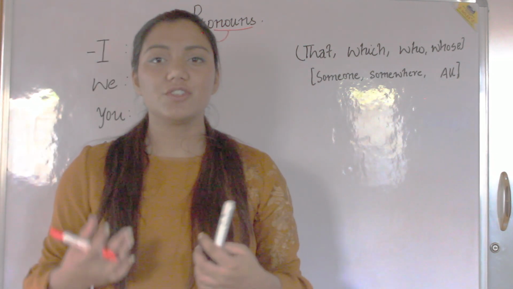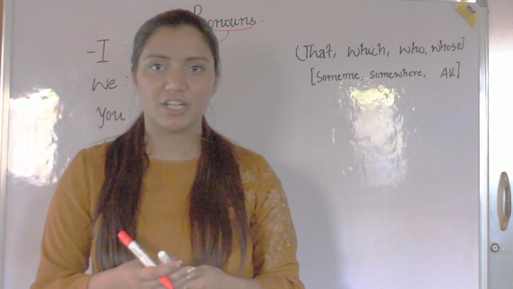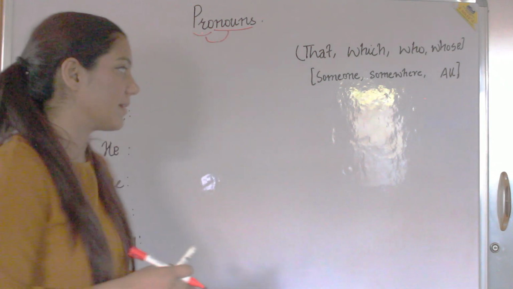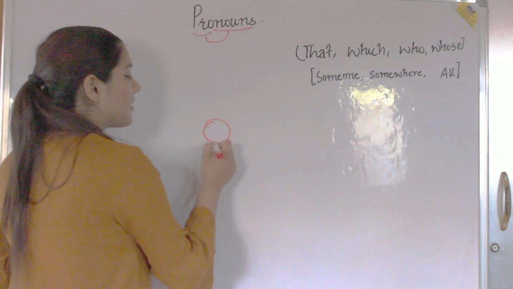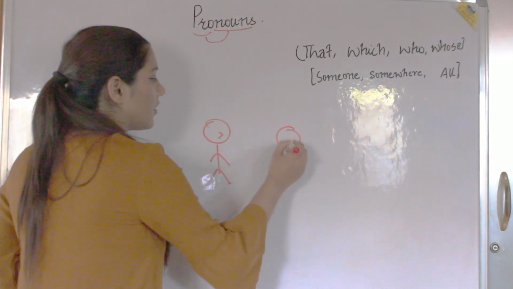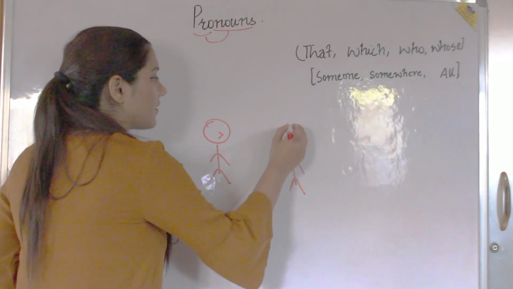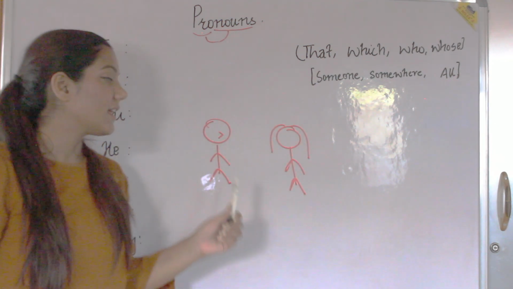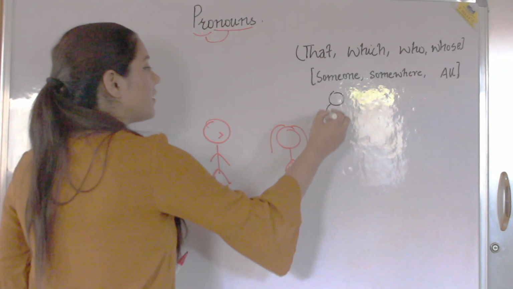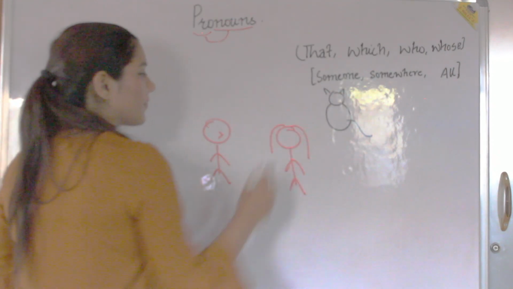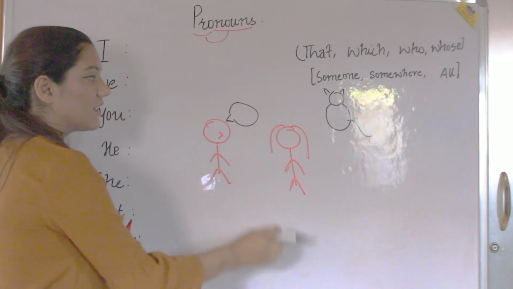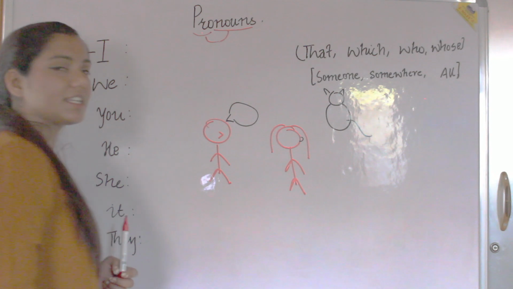I want to tell you about a concept which confuses some English learners. It is called first person, second person and third person. Now to understand this, assume that this is a boy who is talking to this girl about her cat.